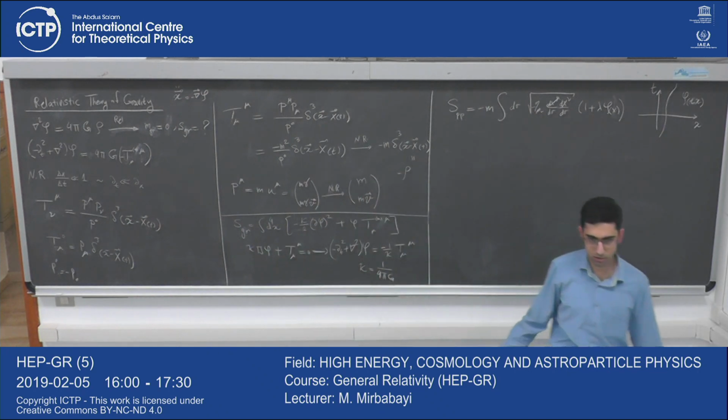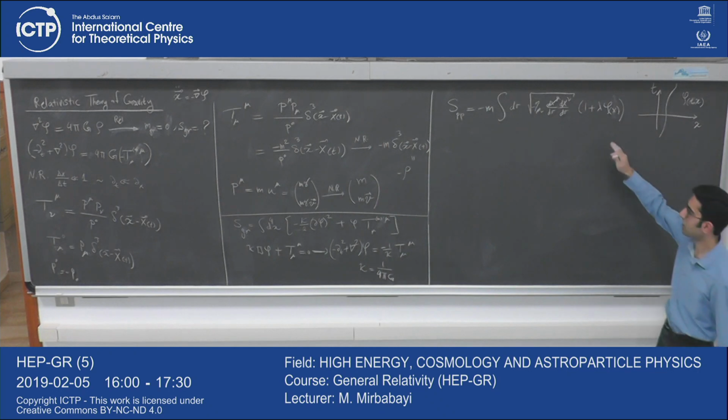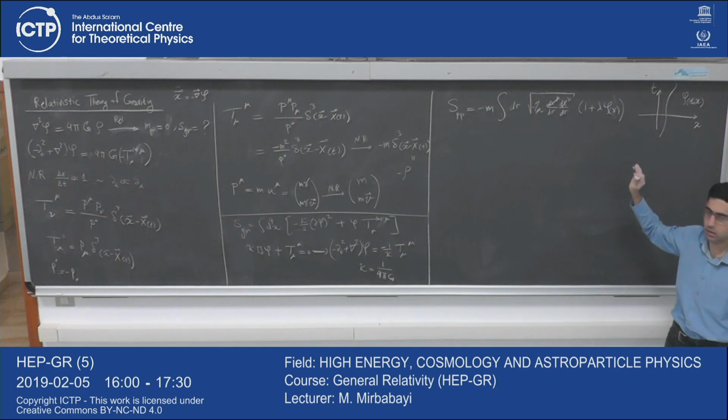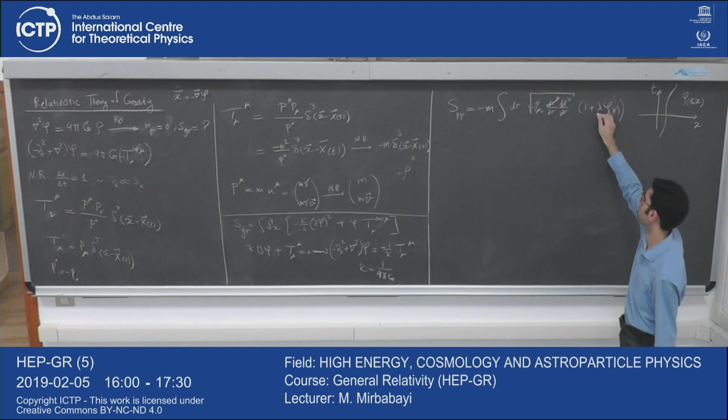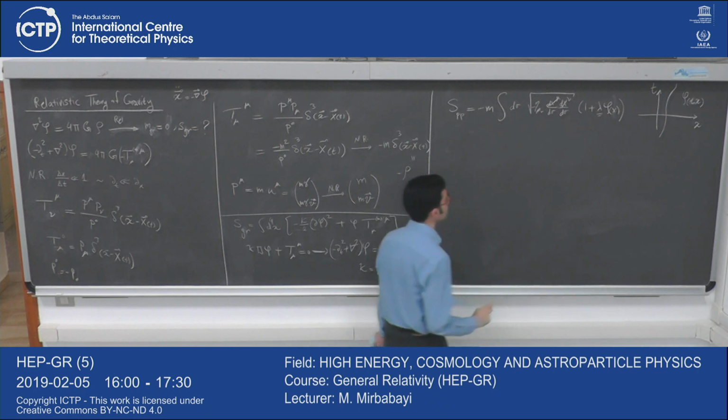So that's what Newton will tell us. And so what we want to do is to recover that equation in the non-relativistic limit by a good choice of lambda here. Or we want to ask if there is a choice of lambda for which we can recover that. And the answer is yes.